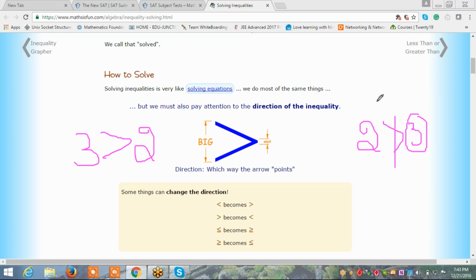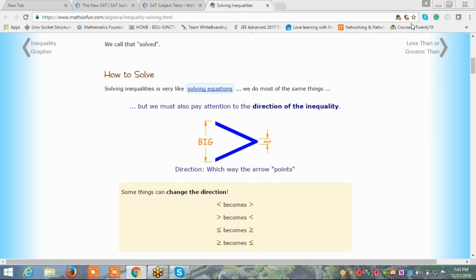This one indicates 2 is greater, but it is not true. If I write it like this, it is true, right? Always the bigger one should be at this end and the smaller at this end.